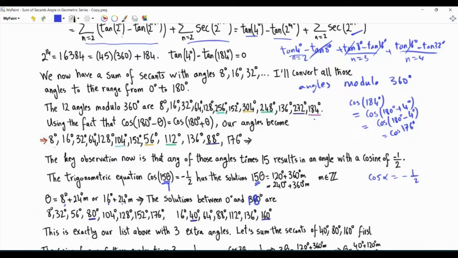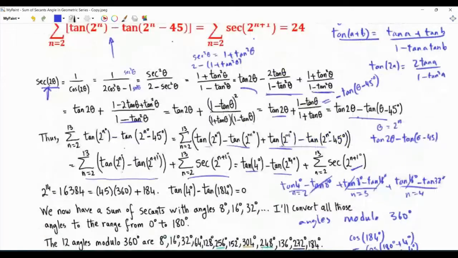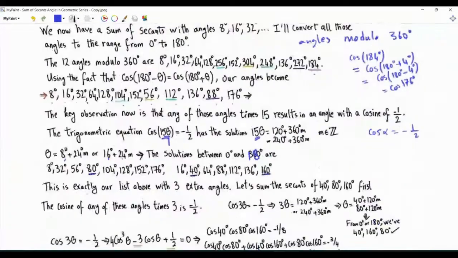In our problem, we have exactly 12 angles. 1, 2, 3, 4, 5, 6, 7, 8, 9, 10, 11, 12. And basically this 12 comes from the number of terms in this summation. The number of terms in this summation is 13 minus 2 plus 1. We have 12 angles. Now, if you ask yourself how many angles between 0 and 180 degrees satisfy the property that 15 times the angle has cosine -1/2, you will get 15 solutions.